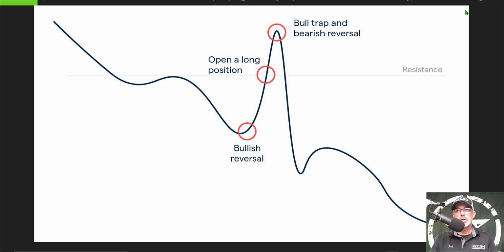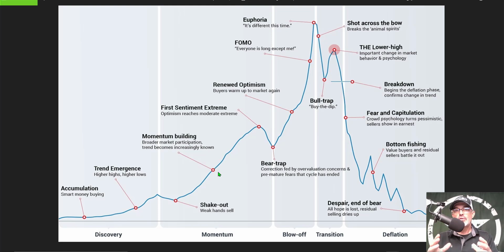into a bear market. Now, expanding a little further on your actual market phases, you see typically your accumulation phase, and then you get a little bit of a shakeout for the weak hands. And then you see the momentum build up and eventually roll over into what is called a bear trap. This is where the bears think, all right, they reached their exhaustion point and they start to go short, only to have the trap snap on the bears and the price proceeds to build up to typically all-time new highs.